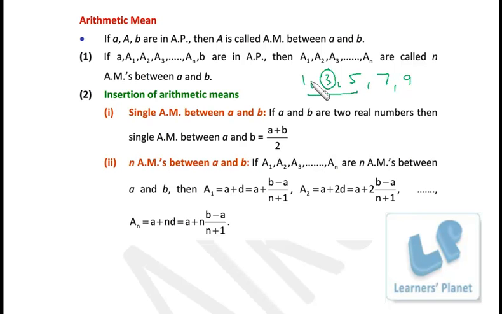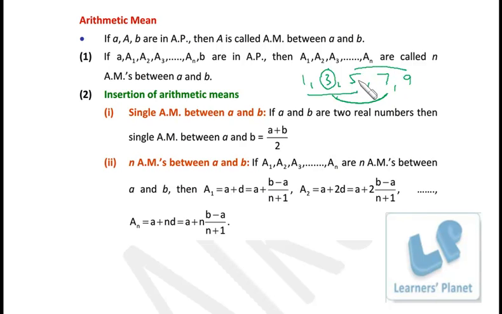That is, this plus this by 2 is this. Now suppose we take these 3 terms, then 5 will be the arithmetic mean between 3 and 7, right? 3 plus 7 by 2 is 5.